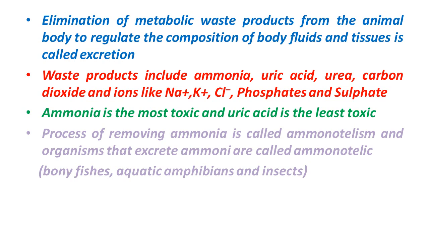These three types are: first, ammonotelic, where the excretory waste is ammonia; second, ureotelic, where the excretory waste is urea; and third, uricotelic animals, whose nitrogenous waste product is uric acid.